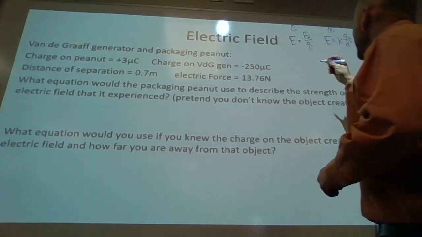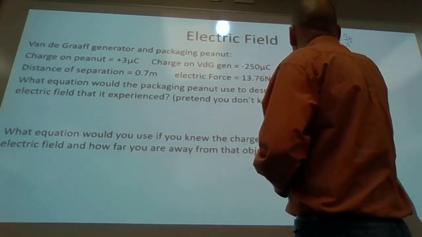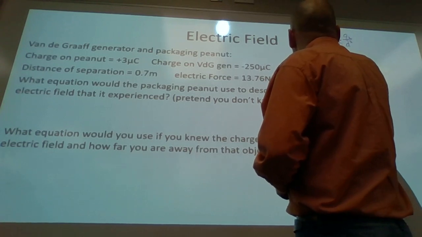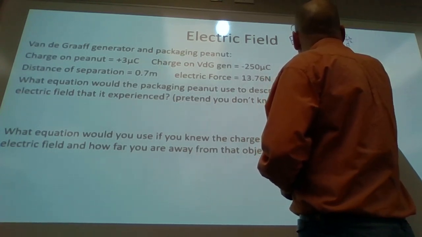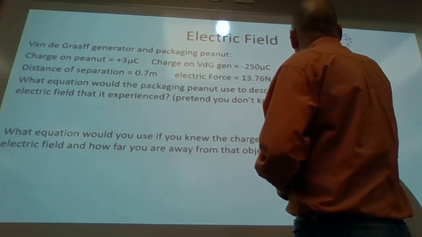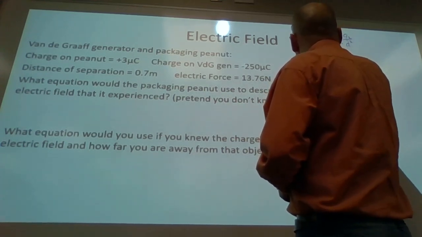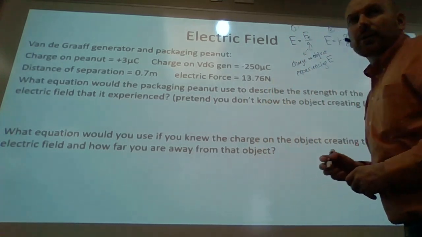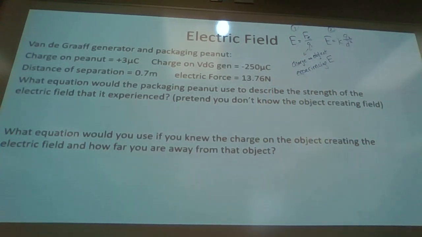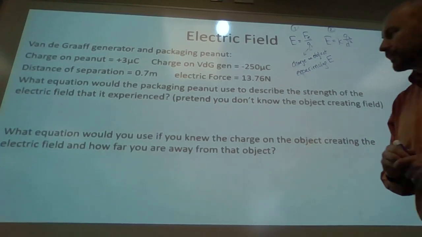This is the charge on the object experiencing the electric field. This is the charge on the object experiencing or in the electric field.